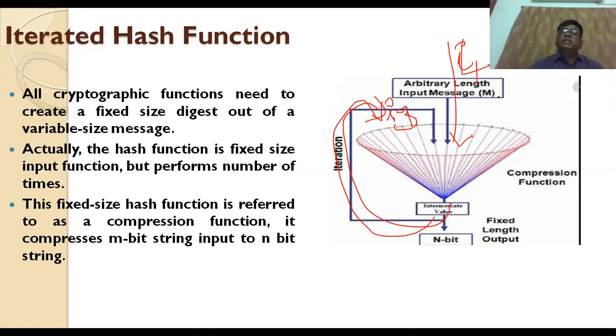Like this, the compression performs. Finally, after all the blocks in the message, it gives the n bit fixed length output. So the compression function will work iteratively a number of times, even though the message is of arbitrary length.